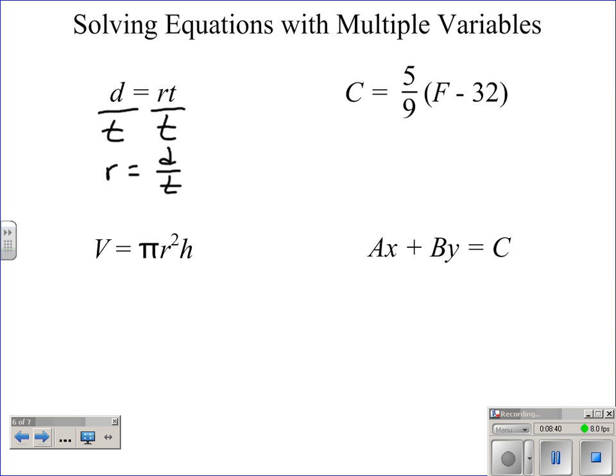Since C equals 5/9 times the quantity F minus 32, the value of F minus 32 must be C divided by 5/9. Using my fraction skills, I know that I can take a reciprocal and multiply instead. Now, 9/5 C is equal to F minus 32.